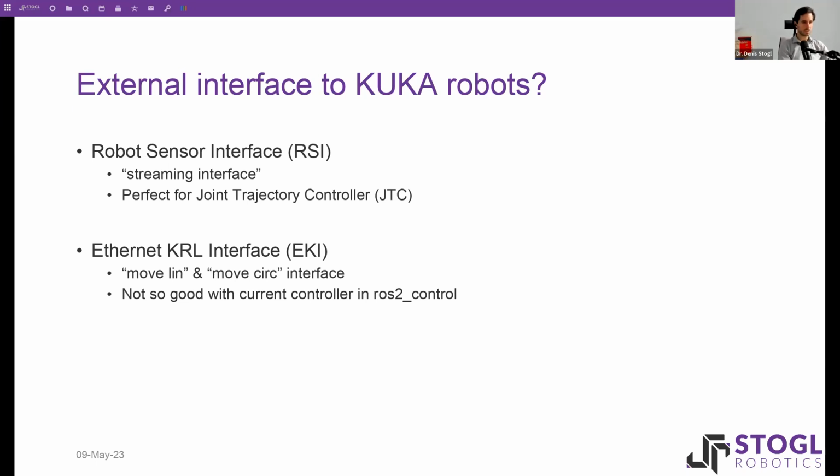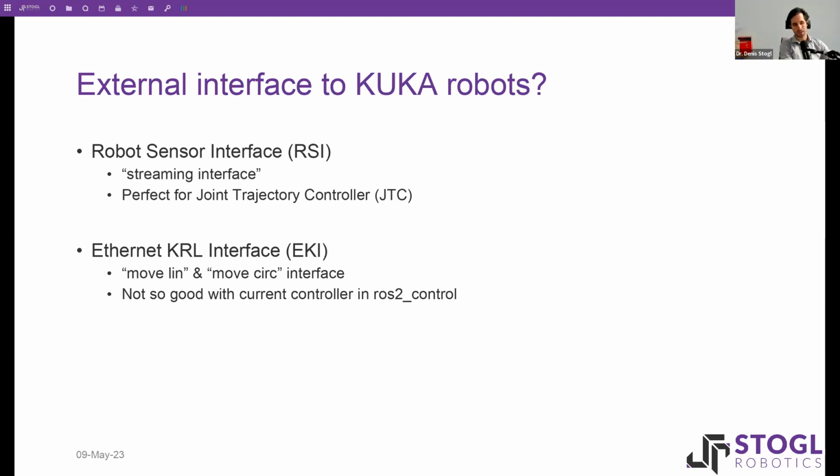Then there is another, newer interface, the Ethernet KRL interface, known as EKI. This is more like a move-linear, move-circular interface. It's like you are sending primitive commands to the robot. Although this interface exists in ROS-I and is also used with ROS control, it's not such a great approach with the current controllers in ROS control and ROS2 control.